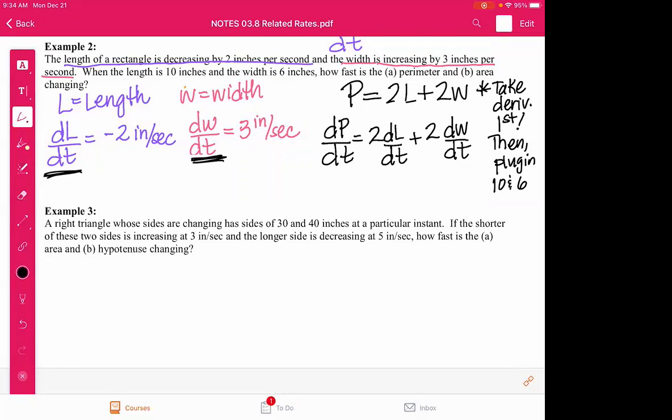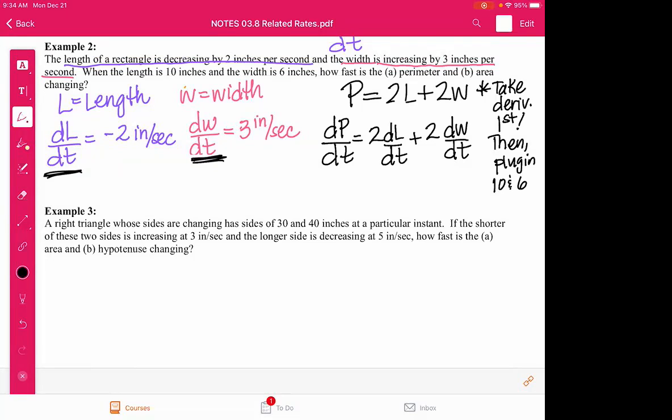Notice when you take the derivative of the perimeter, you don't have an L and a W in your derivative anymore. And that's because perimeter is a linear function. So when you take the derivative of it, the derivative is just going to be a constant times that dL/dt, okay?